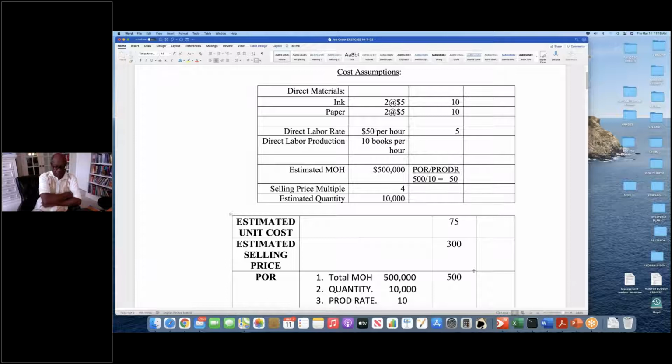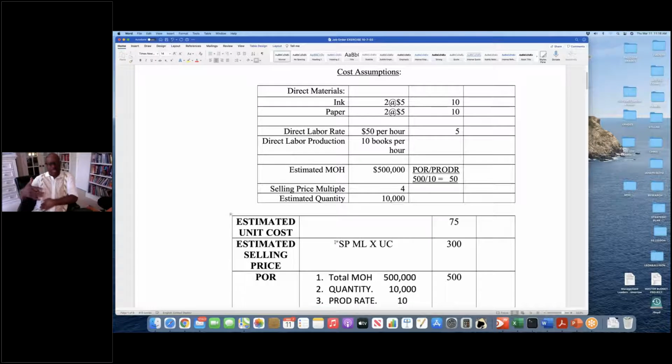Any questions? You multiply 4 by what number? Cost. The selling price multiple, so that's a good point. It's going to be selling price multiple times the unit cost.